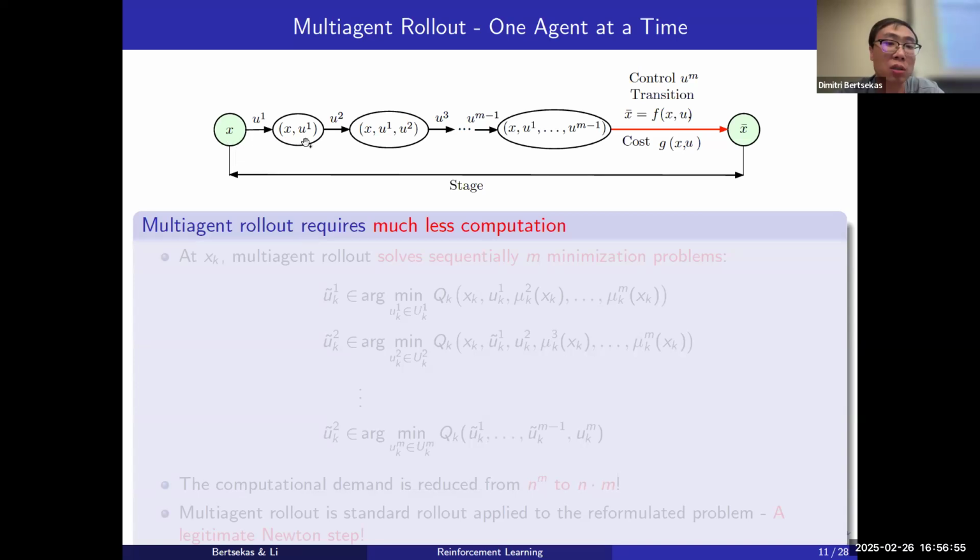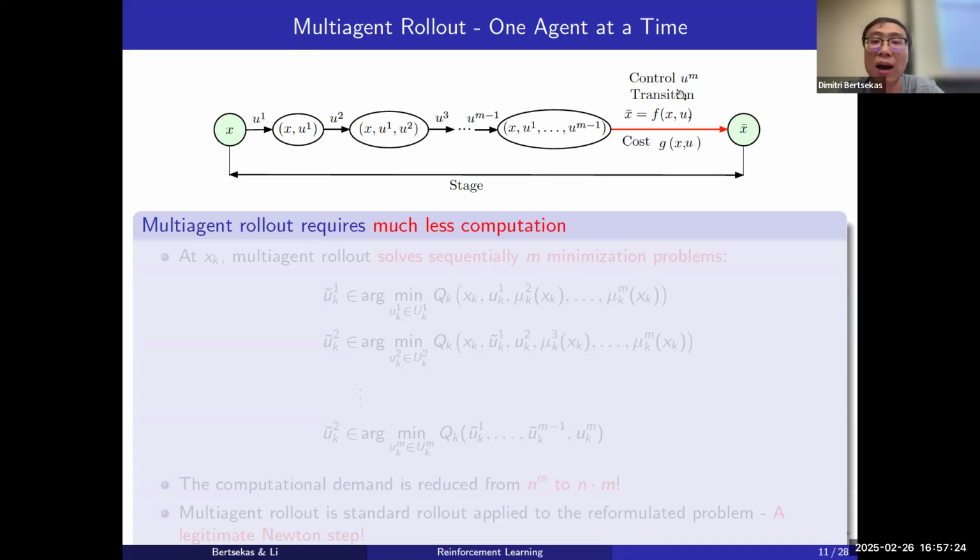The dynamic is from X and U1 to this pair (X, U1), and then apply at this state U2, which gives us no cost and gives us this triplet (X, U1, U2) and so on, all the way to this point, which is an M-tuple (X, U1, U2, ..., U M minus 1).